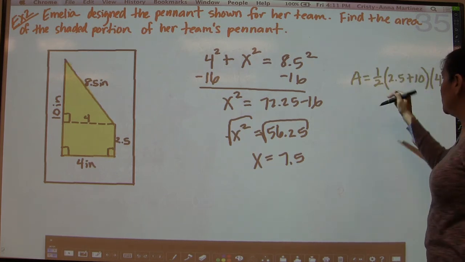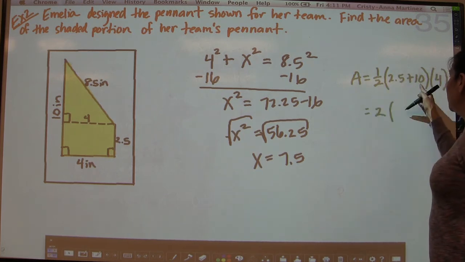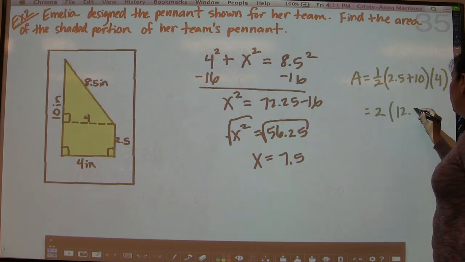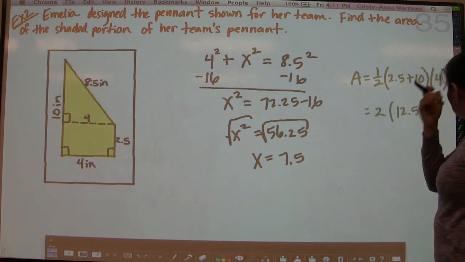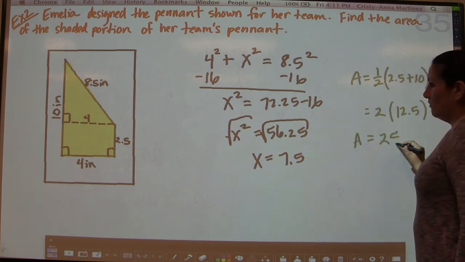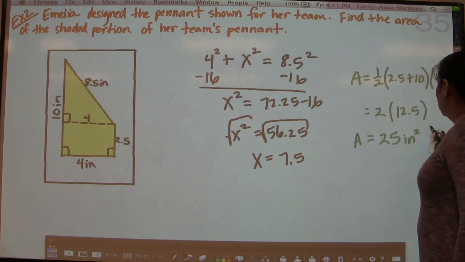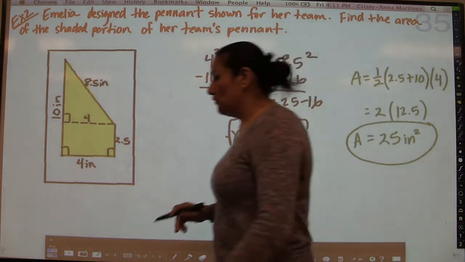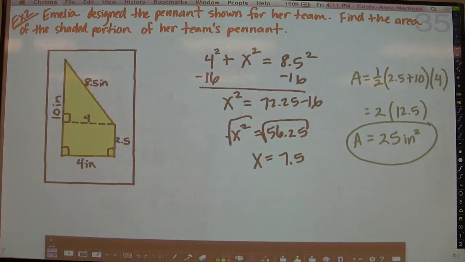So 4 divided by 2 is 2. And then 10 and 2.5 is 12.5. So 2 times 12.5 is going to be 25 square inches. So for example 2, you get a total of 25 square inches.